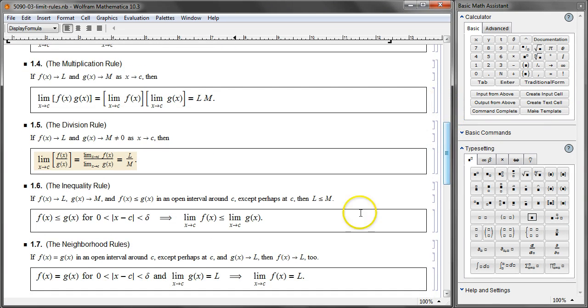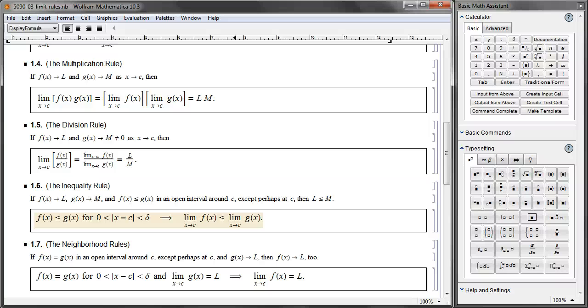Next, inequality rule. Well, here we have some delta notation, but don't pay too much attention to that, or don't be too intimidated here, because we're talking about a certain inequality when f of x is less than or equal to g of x, but that's for x pretty close to c.